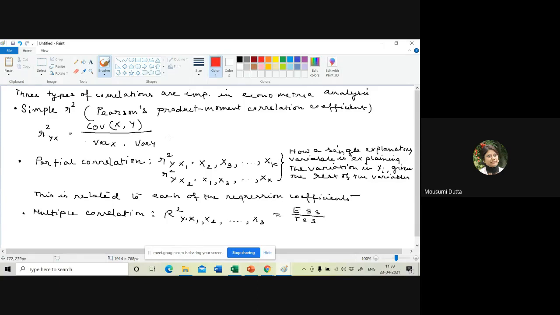Now, it is not necessary that we can estimate simple correlation only between two variables.